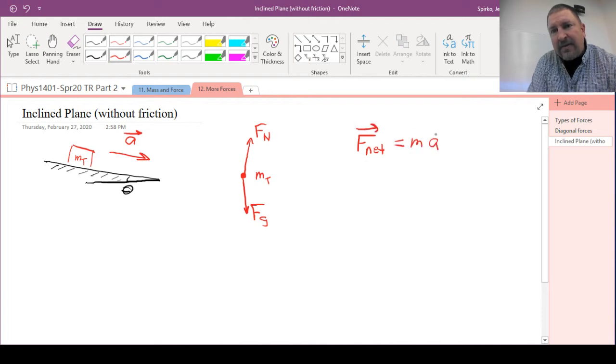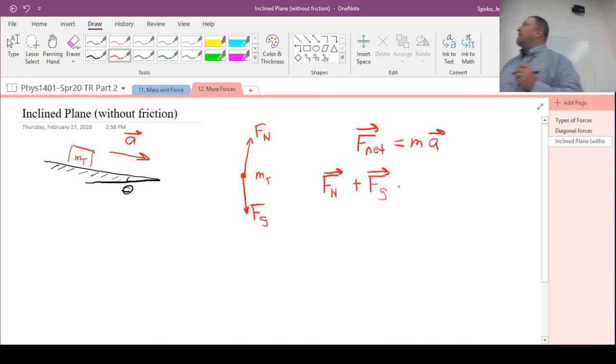And I'm just going to do it kind of symbolically at first. So I'm going to have force normal vector plus force gravity vector. I'm not putting a minus because the minus is hiding inside the variable here. When you have a vector variable, it includes direction inside it. And then this is going to equal m_T times a.